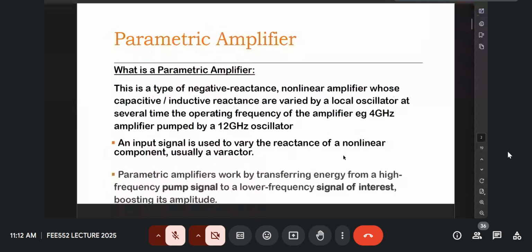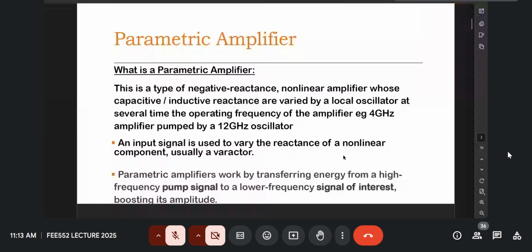For example, here we can have a parametric amplifier rated 4 gigahertz being operated by a 12 gigahertz oscillator. So this local oscillator will be trying to modulate the capacitive parameters of our circuit, the parametric amplifier.